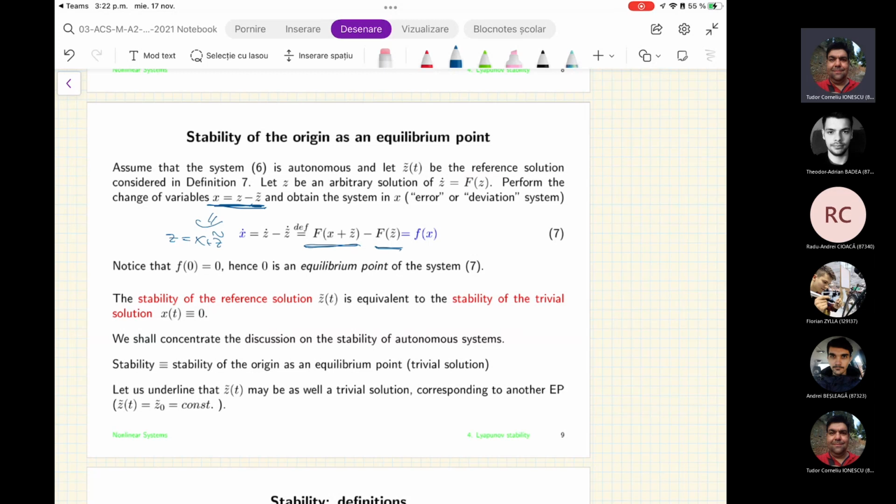So now you know that x equal to 0 is z equals z tilde. But in 0, this is true already because they have the same initial condition. Hence, it's easy to see that f(0) is 0.